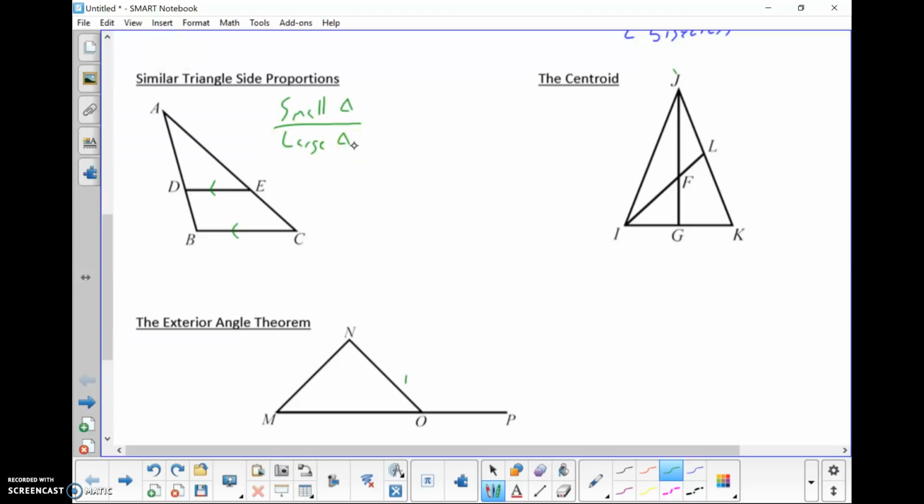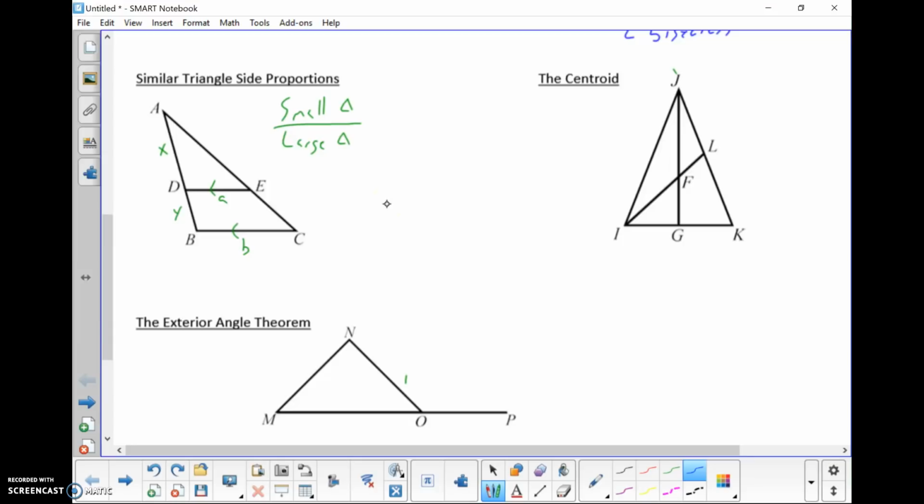For example, let me use letters. This is X, this is Y, this is A, this is B. The proportion people often want to make from this is X over Y equals A over B, and this is false. That doesn't work.